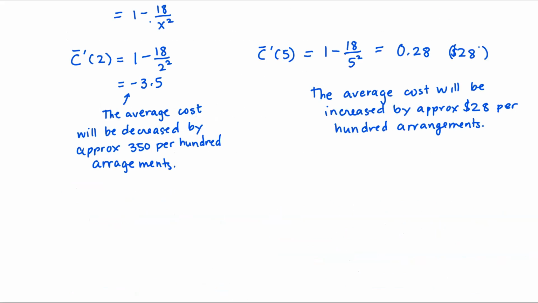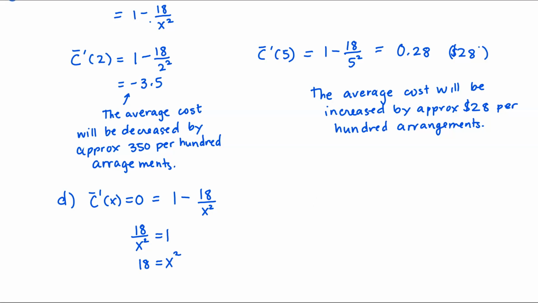Now lastly, we want to find the level of production at which the marginal average cost is 0. So to compute this, we will just have to set the marginal average cost to 0. Our marginal average cost is 1 minus 18 over x squared. You set this to 0 and solve for x. Moving this to the other side of the equation, we have 18 over x squared equal to 1. That means 18 is equal to x squared.